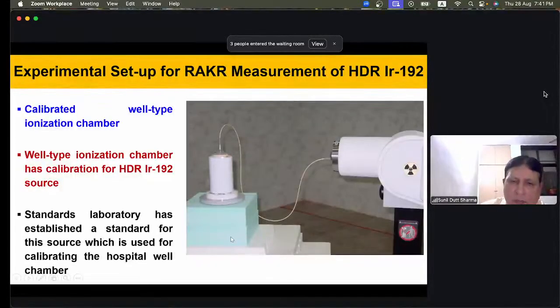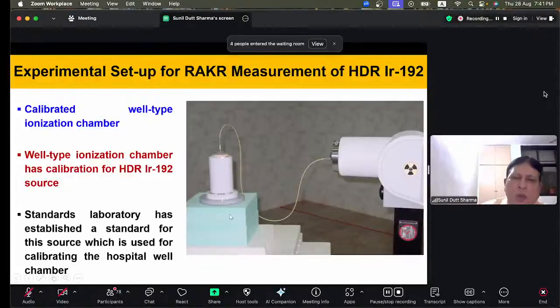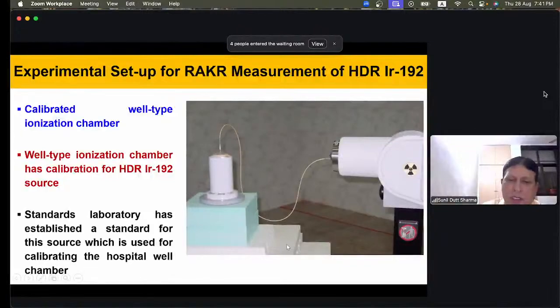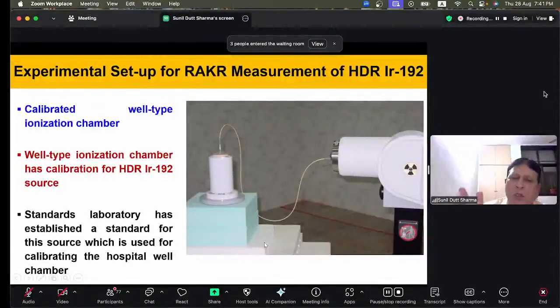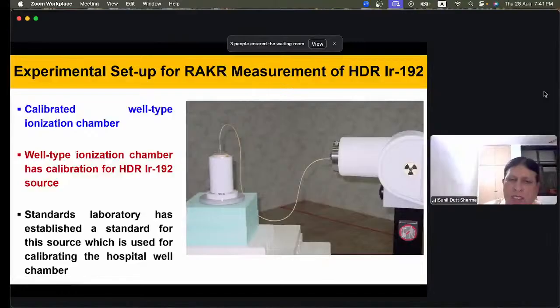You can see we have positioned this detector over the foam sheets, and here these are the plastic sheets, so that room scatter or in-air scatter is almost negligibly small. You can see the distance of this detector is almost 1 meter or more than 1 meter away from all the walls, and the distance from the remote afterloading unit is also approximately 1 meter.